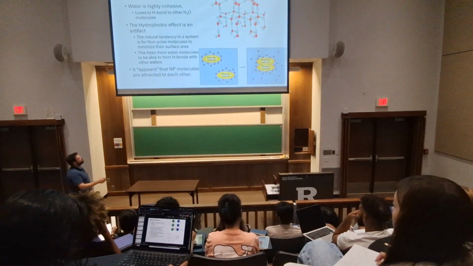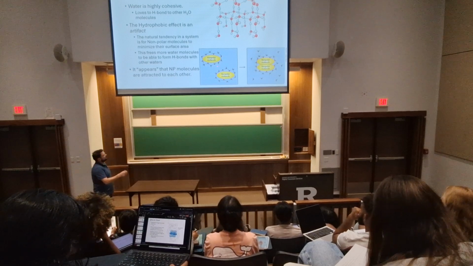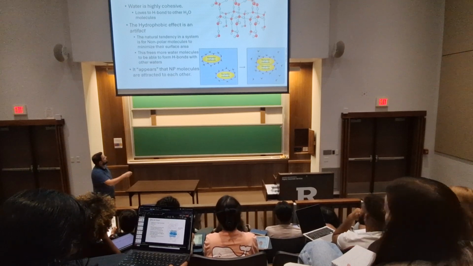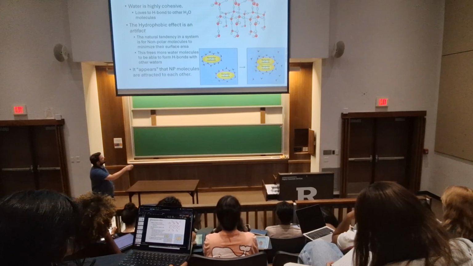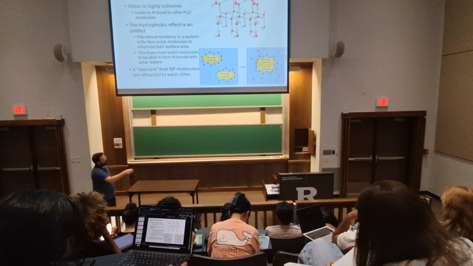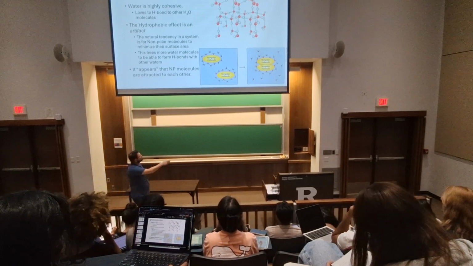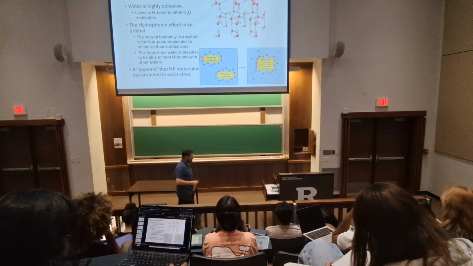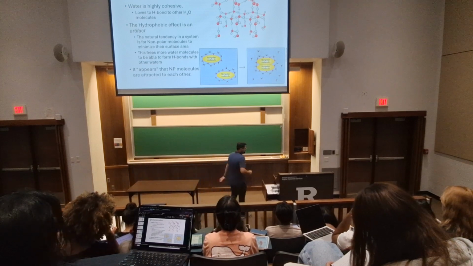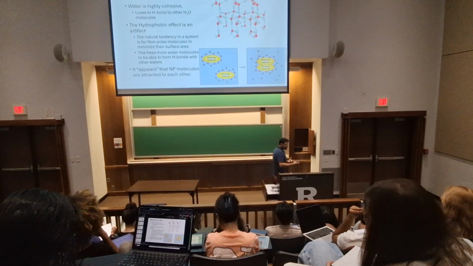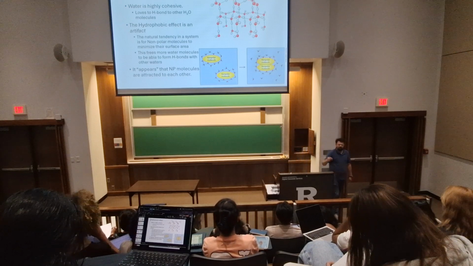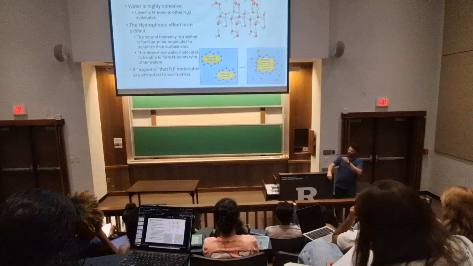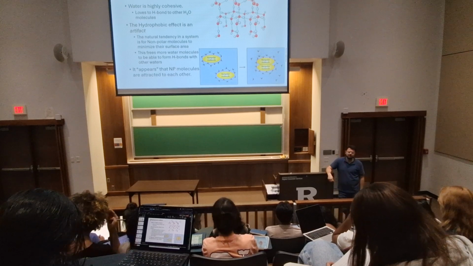Instead, if we were to put these two together, smushing together, well now, all of these water molecules down here, and all of these water molecules over here, are now free to go hang out with their water molecule buddies, because this face here is now no longer covered by that cage. So we've reduced the surface area, and now we've increased the amount of water that's free, able to make hydrogen bonds. So now we're at the lowest energy state of this system.